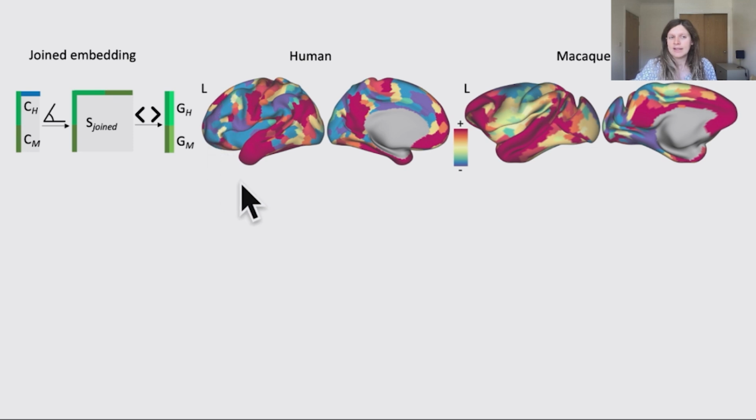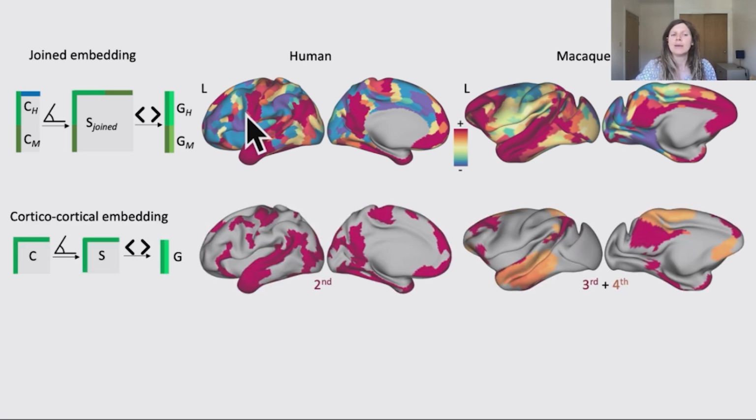In the human, this network is well established, and in fact, if we do a regular cortical embedding of resting state data, we are able to recover this network very well. However, in the macaque, such a cortical embedding reveals this network to be split into two separate components.